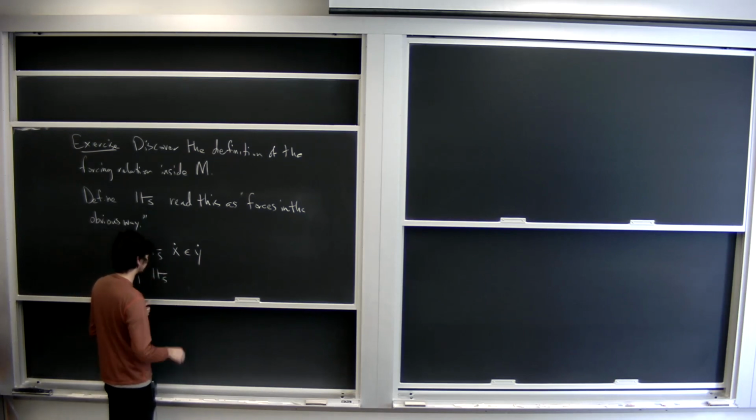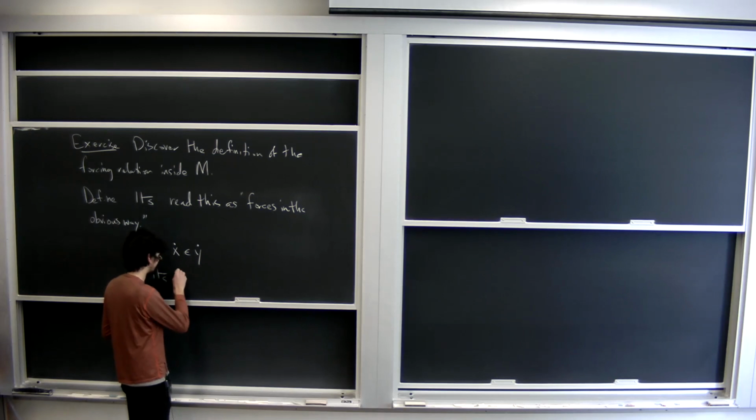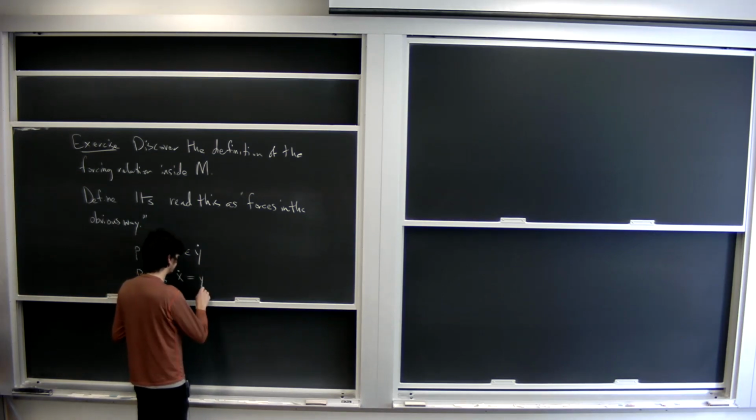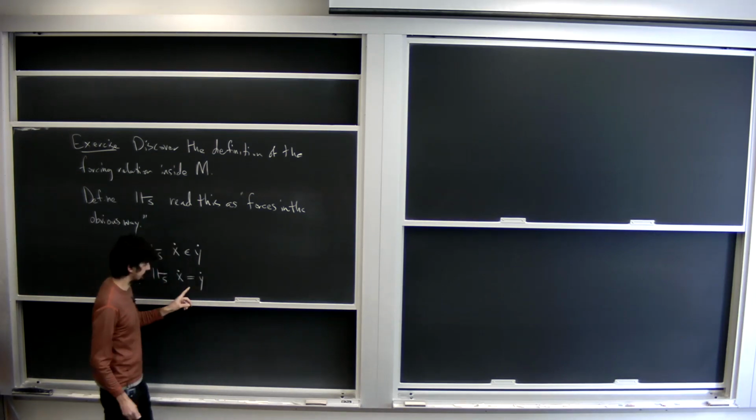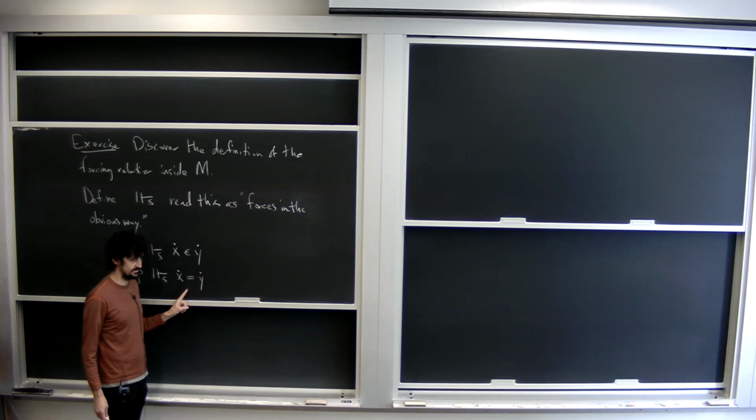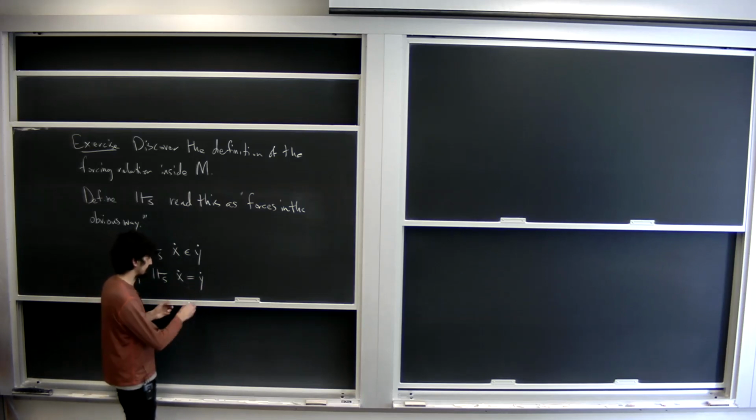So just running through atomic formulas. Okay. This is hard to give a definition of. Because it says something about these having the same elements, right? But that's tricky to say. So the natural thing to define for this forces in a strong way is actually not equal to.